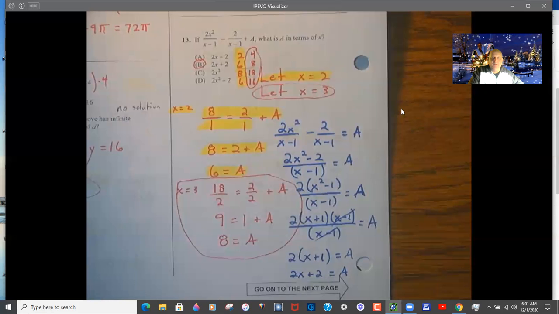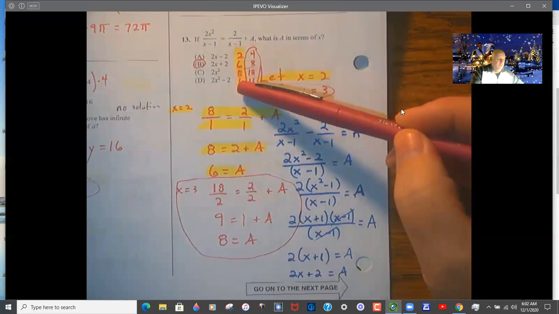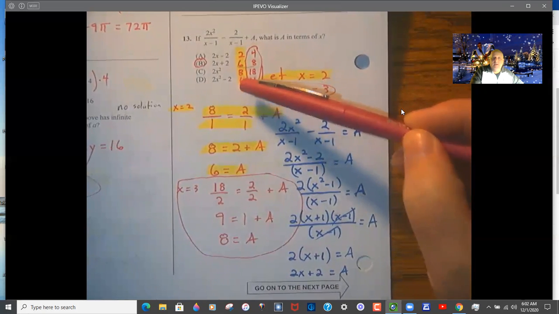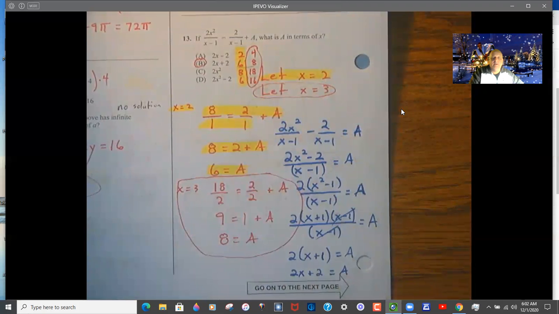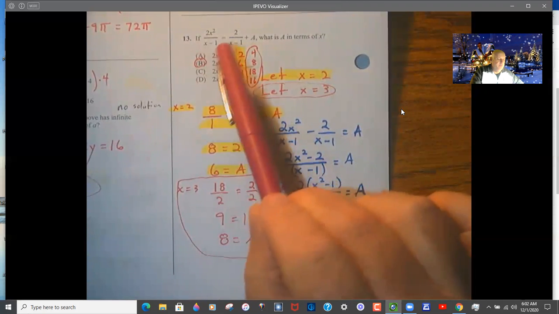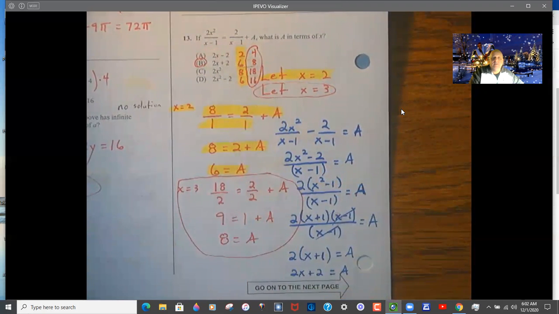The problem is you have to start with 3 as your variable choice, because 2 gives you 2 answer choices being 6, and we can't have that, so that's all the yellow highlighter. And picking 1 puts zeros on the bottom of the fraction, so we can't have that either. So note that 1 and 2 are not possible numeric choices for X, so you have to start with 3.